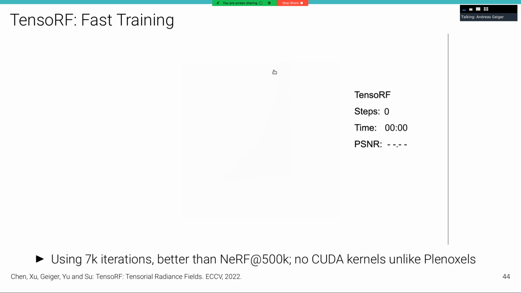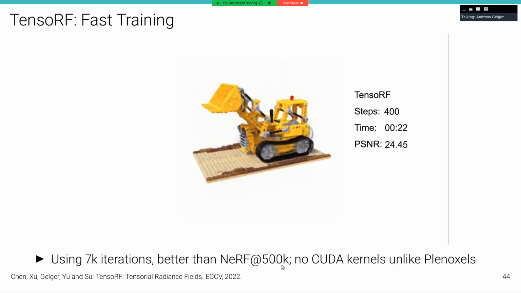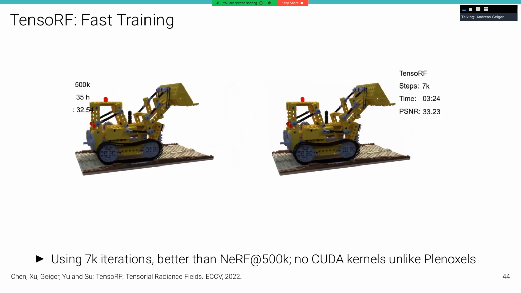Now you can see how the results emerge during the training process. What we observe is that using only 7,000 iterations, we obtain better results than vanilla NeRF at 500,000 iterations, while not requiring any CUDA kernels, just using a vanilla PyTorch implementation, unlike other techniques like Plenoxels, for example.